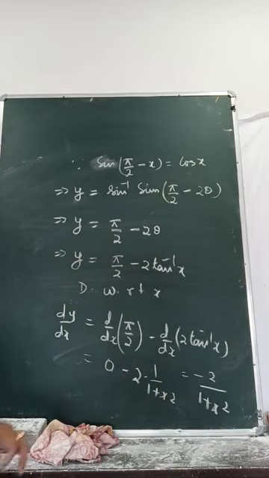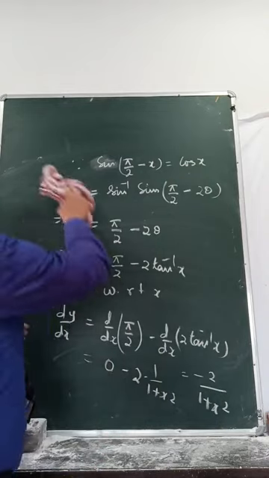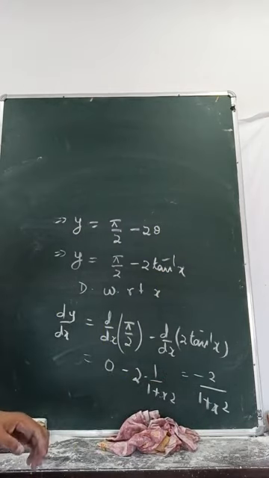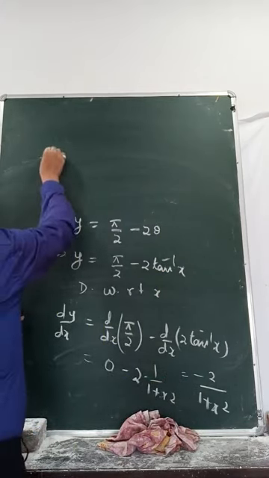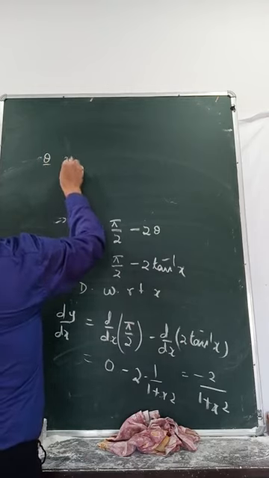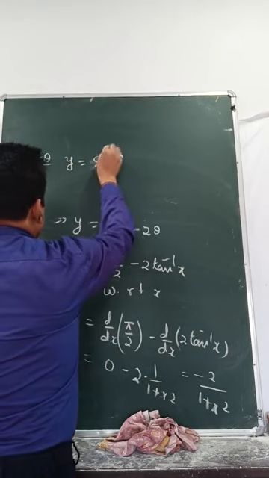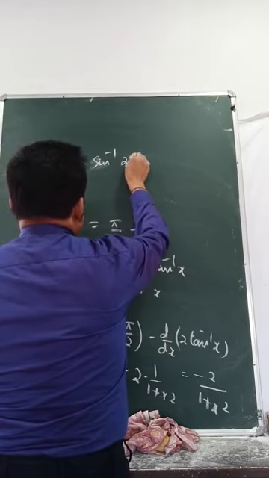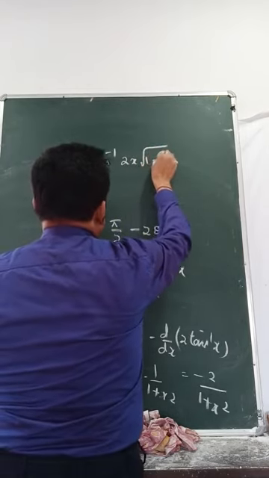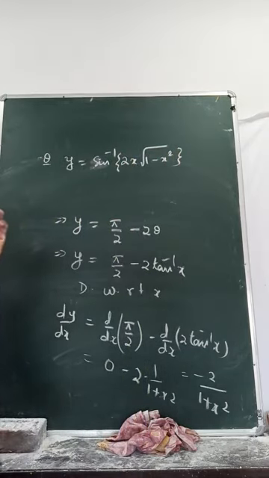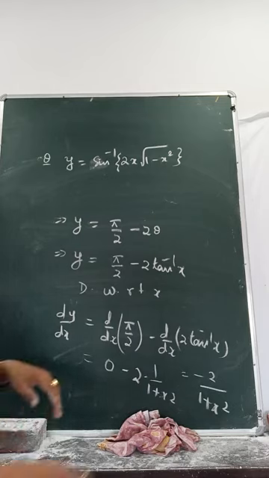Now suppose I have a question, y equals sin inverse 2x root over 1 minus x square. Find dy by dx.